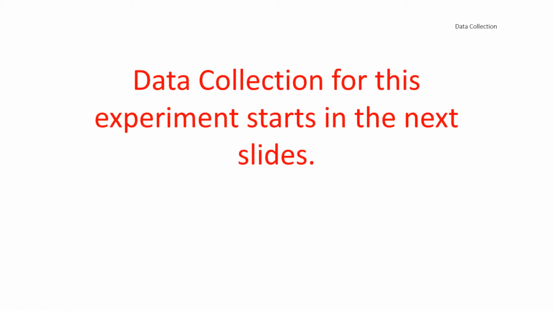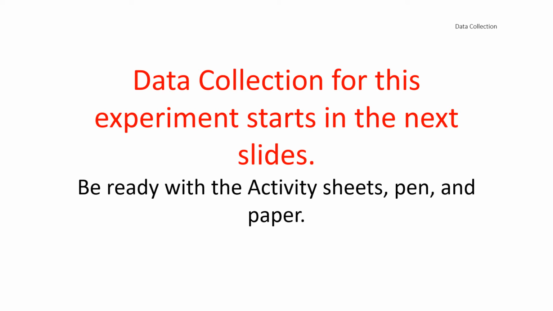Data collection for this experiment starts in the next slides. In collecting and recording information, you need the activity sheets, a pen or pencil, paper, and calculator. While collecting data and recording measures, you may need more time than the playing time of this video.